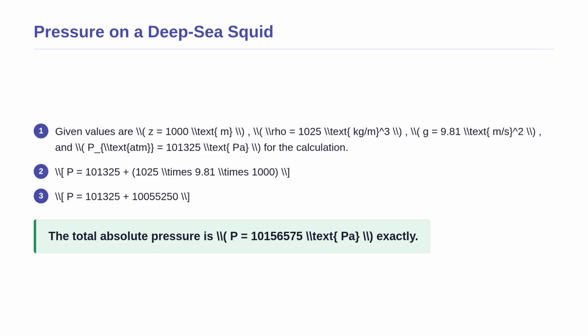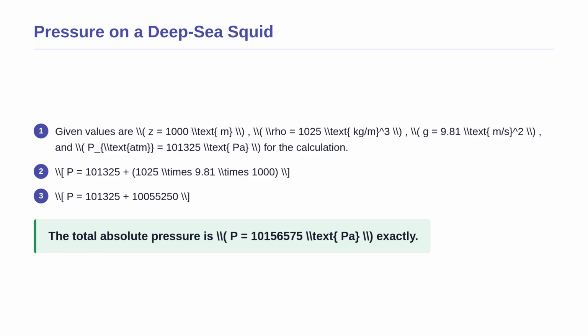Let us calculate the pressure experienced by a rare squid living at a depth of 1,000 meters. We are given the depth, the density of seawater, gravity, and the surface atmospheric pressure. We plug these values into our hydrostatic pressure formula. First, we multiply the density, gravity, and depth together.